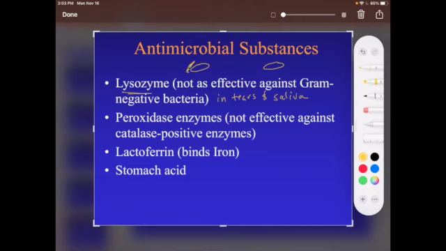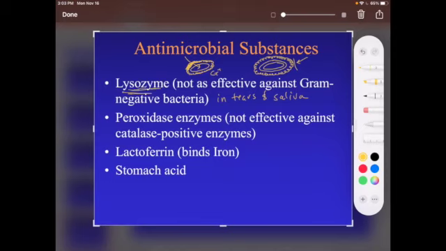Gram-positive bacteria have this really thick layer of peptidoglycan. So lysozyme can't get through that, right? Wrong. No, it can get right through there. No problem if it's gram-positive. Gram-negative has a thin layer of peptidoglycan, but they also have this outer lipopolysaccharide membrane out here. Bam, lysozyme can't get through that.